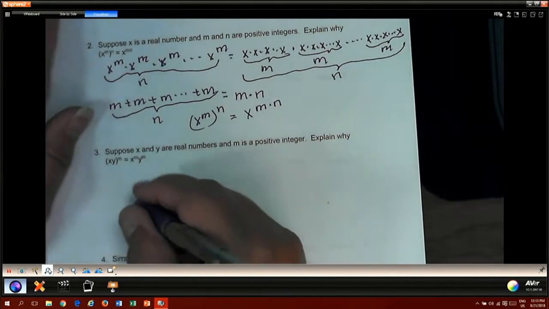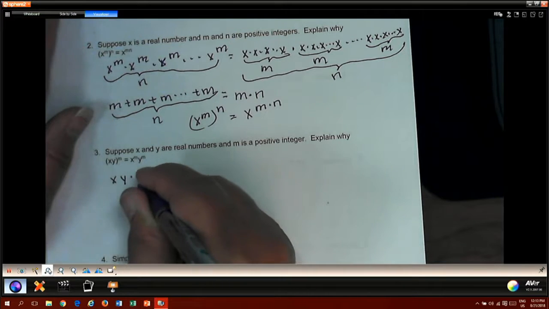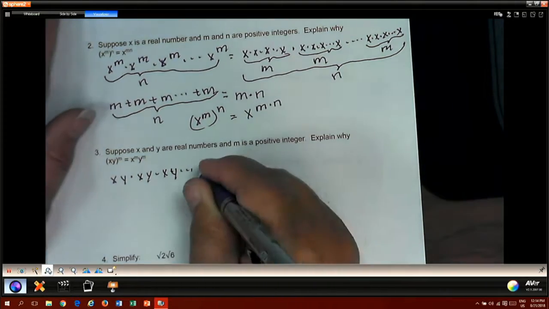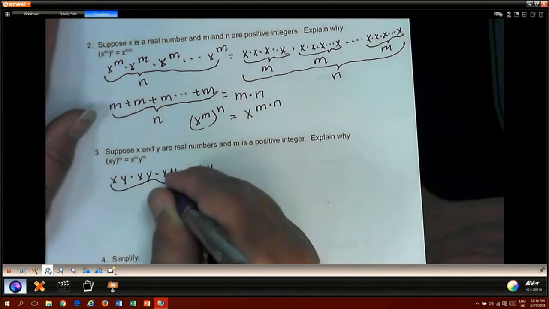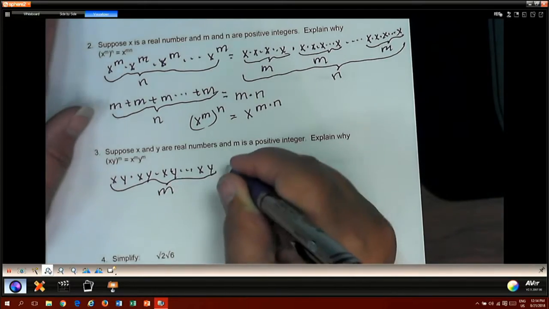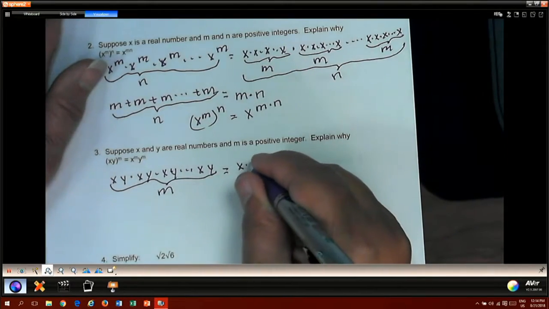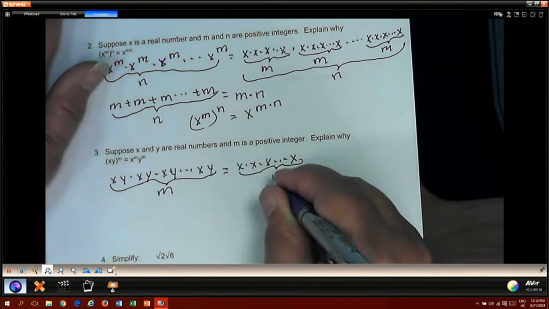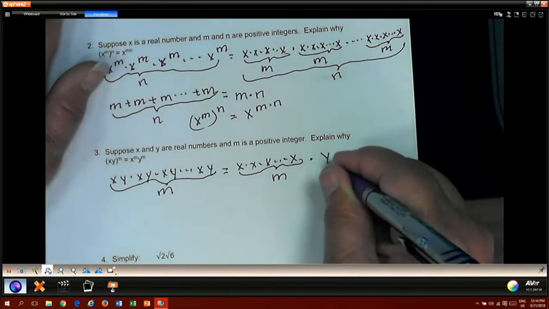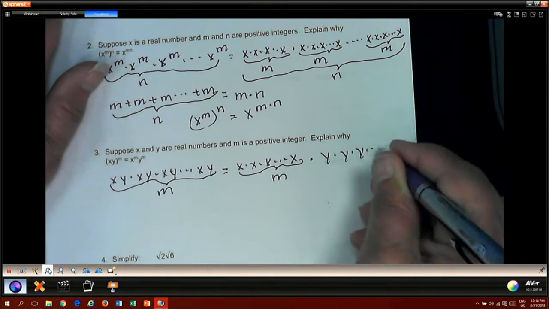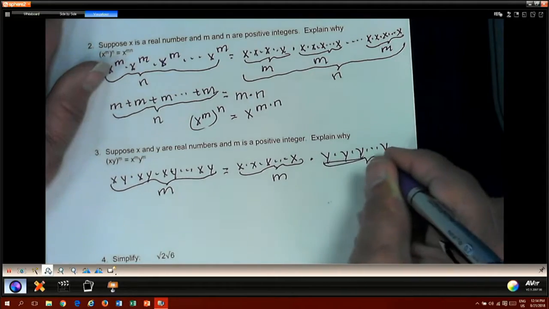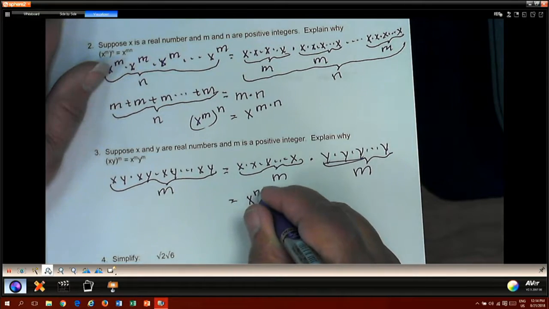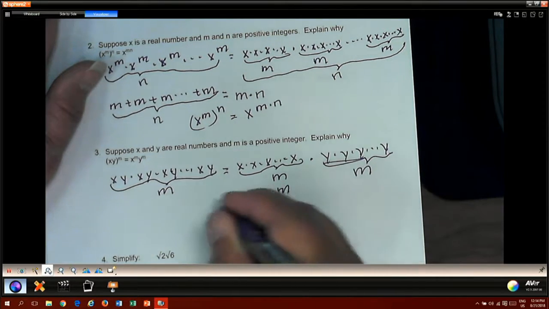Now the next one here we have xy times xy times xy, and so on, times xy, m times, which would be x times x times x times x, m times, y times y times y times y, m times, which becomes x to the m, y to the m.